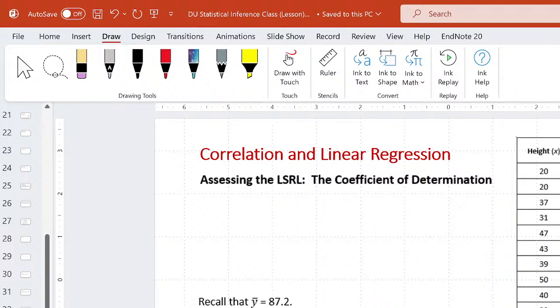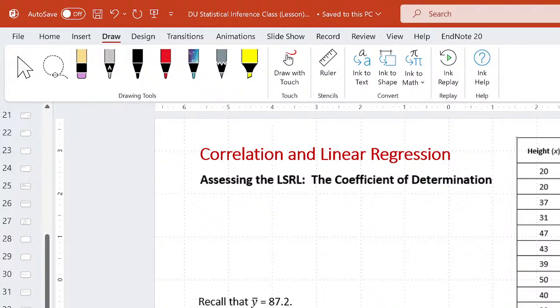Okay. All right, what about that third parameter? We've been ignoring that third parameter. Almost done here. That third parameter is the standard deviation of the residuals. As a parameter, it is called the standard deviation of the residuals.